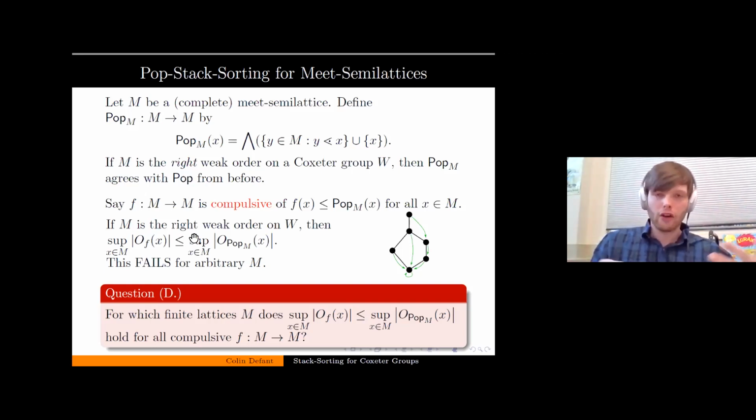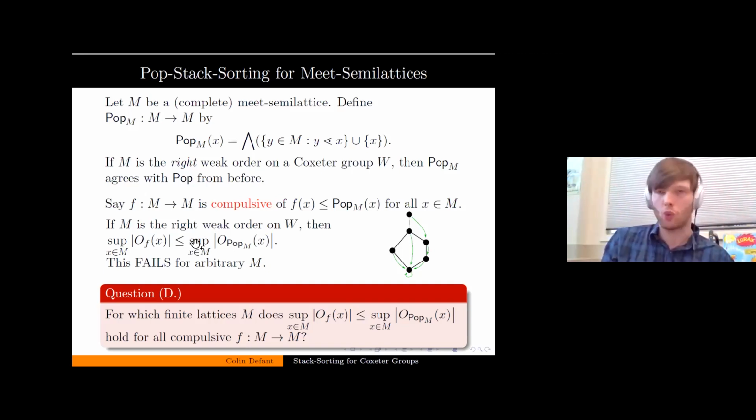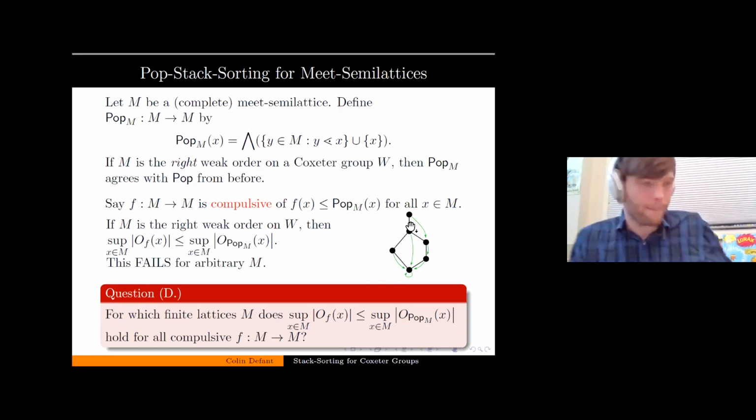But I don't really understand from a lattice theoretic point of view why this is working. So I think it would be interesting to understand what is special about the right weak order of a Coxeter group from a lattice theoretic point of view that makes this work, which doesn't work, for example, in this lattice. Okay.